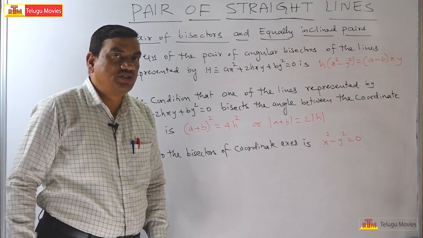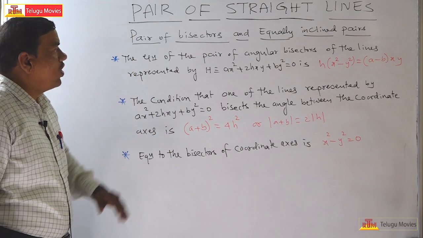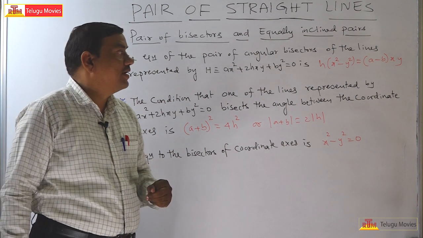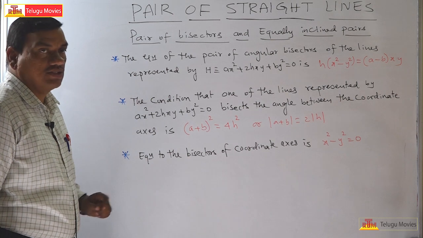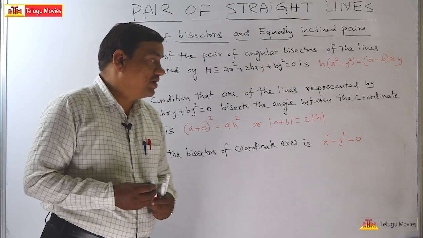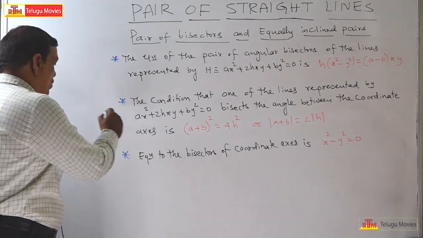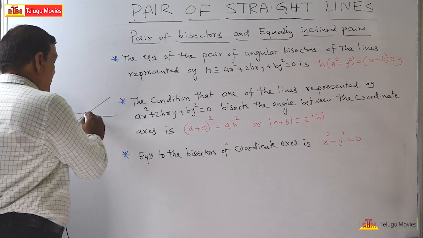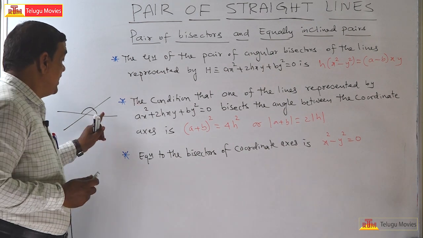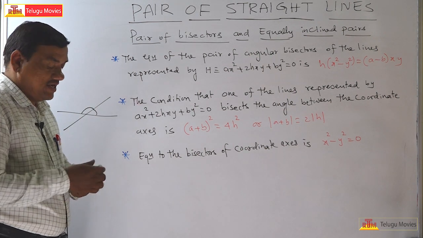Welcome to this concept. This is the pair of bisectors and equally inclined pairs. Let us see here the pair of bisectors. We already know, as I explained in the straight lines chapter, that when two lines intersect, two angles are formed between them. One is an acute angle, another one is an obtuse angle.